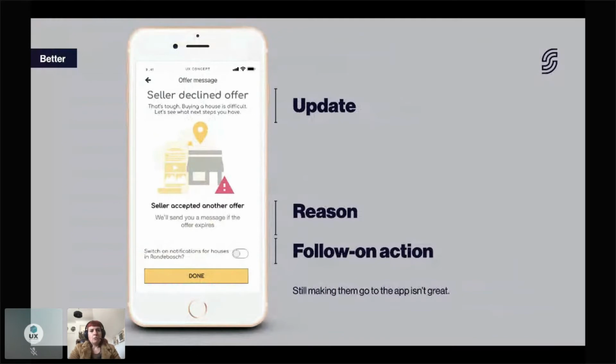There's a reason for what happened: the seller accepted another offer. Then we're also telling you what happens next. For instance, if that offer expires, then your offer might come into play again. And then we also give you a follow-on action. If I lost the offer, then I might want to start looking for houses in my area again.